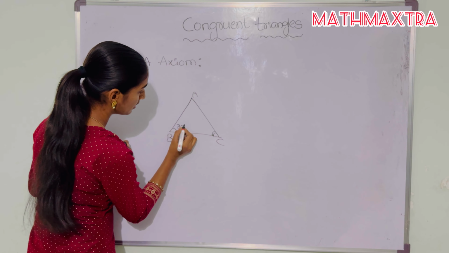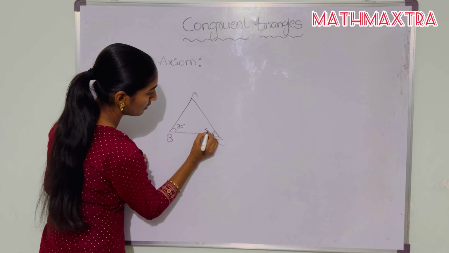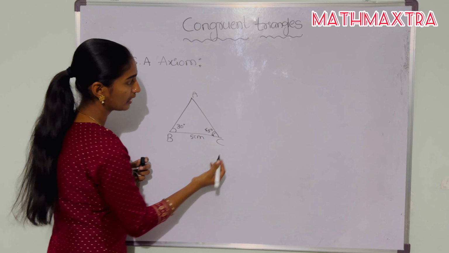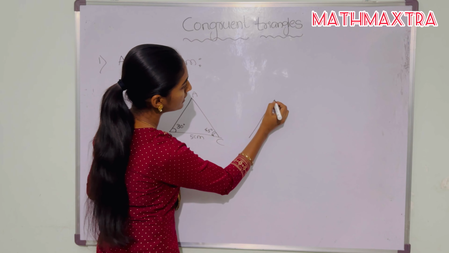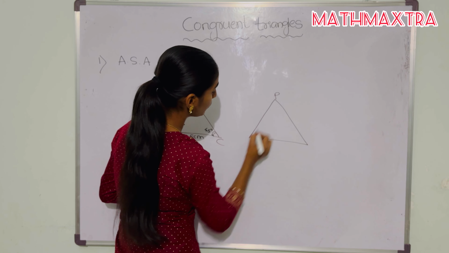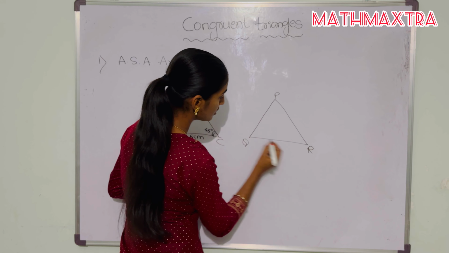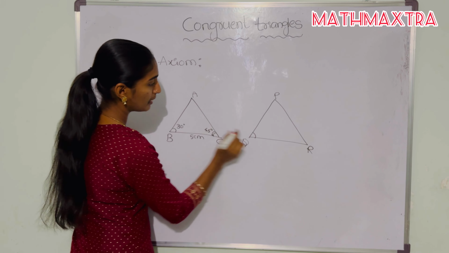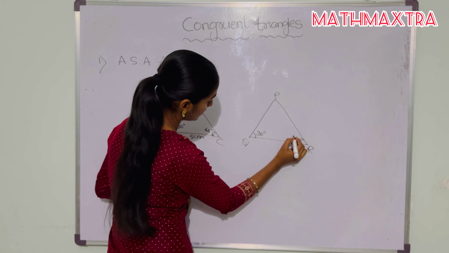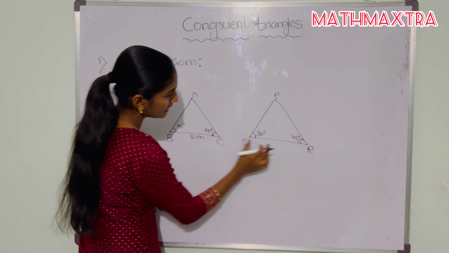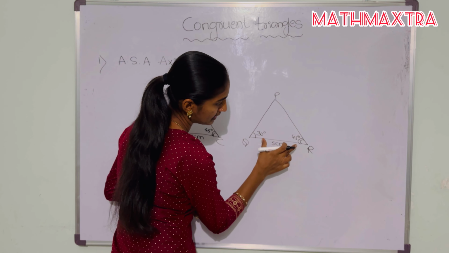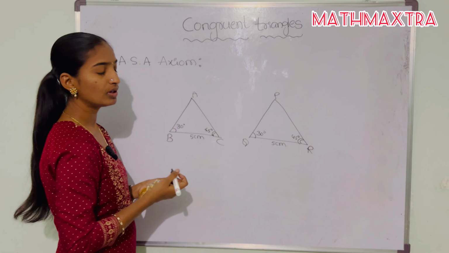See, this is somewhere 30, this is somewhere 45 degrees, and this is 5 centimeters I am taking. If you consider another triangle PQR, in this also, this must measure 30 degrees and this must measure 45 degrees, and the side containing these two angles is equal.